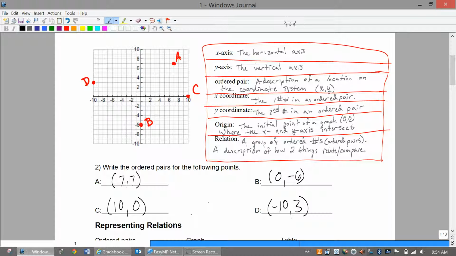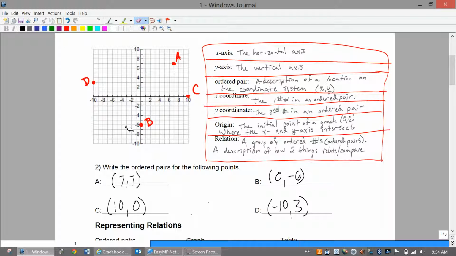So specifically, one way to represent a relation is graphically within the Cartesian coordinate system. Something you've already done. One way is to represent it graphically, visually, as a graph, like where the points A, B, C, and D are graphed up above right here. This is a visual representation of the relationship between these X values and these Y values.